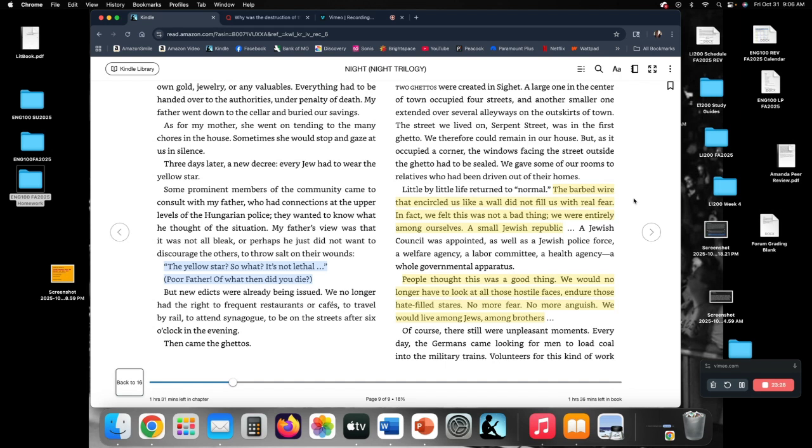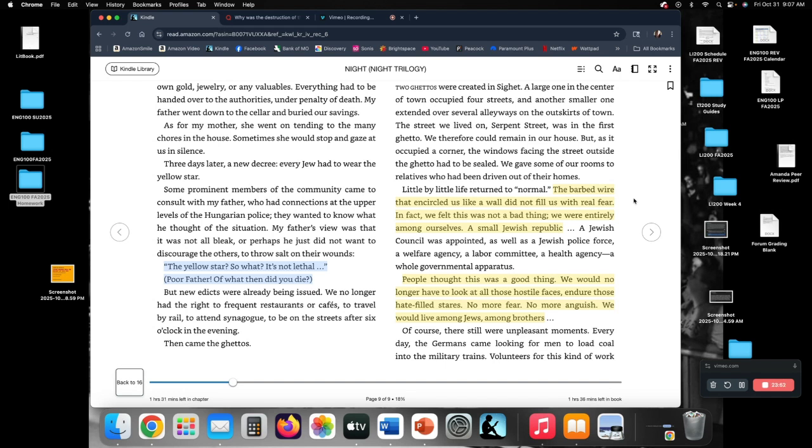Wiesel works a lot in contrasts, and I'm going to get to that in a moment because there's one passage at the end of this chapter that I'm literally going to do a close analysis of, a critical analysis, a close read, basically line by line. But this contrast of what the wall represents to the Germans and the Jews: for the Germans, obviously, it's an imprisonment.